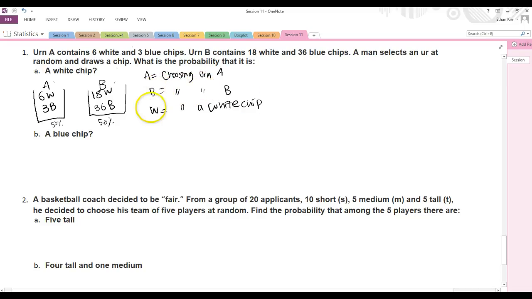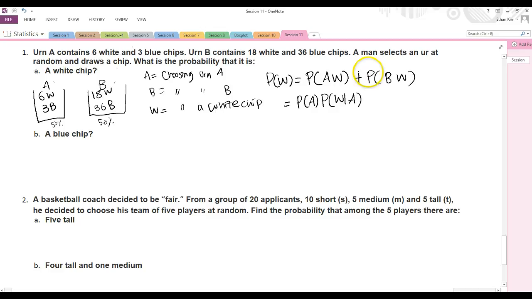Okay, so probability of W equals probability of A and W plus probability of B and W, because we have two different cases, your A or your B. This can be rewritten as probability of A times probability of W given A, plus probability of B times probability of W given B.